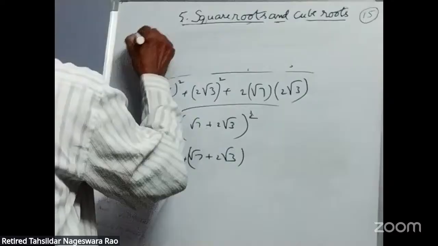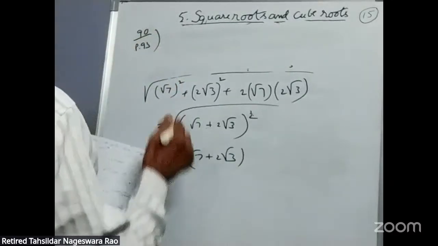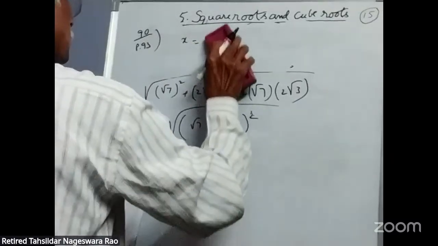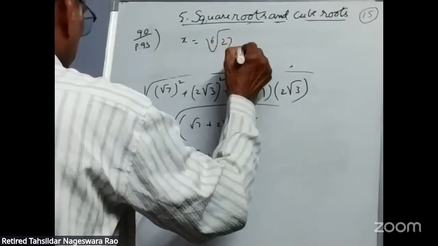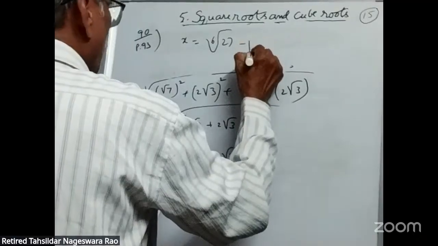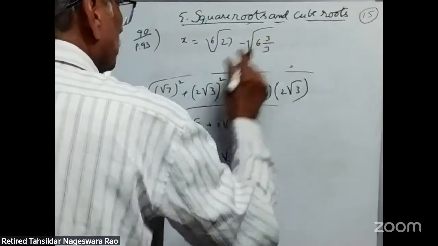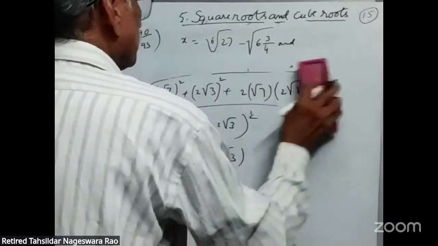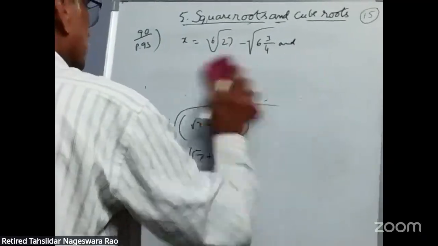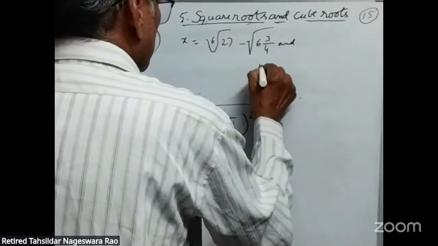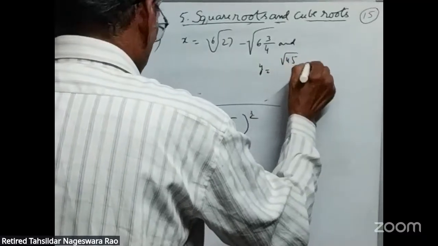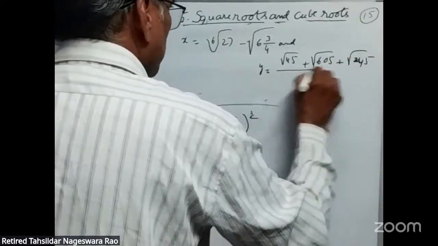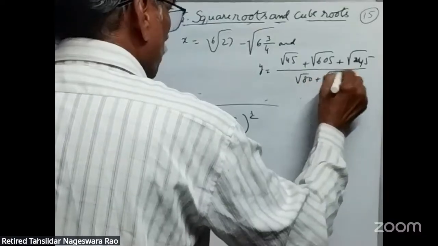Let us say that x is equal to the sixth root of 27 minus root of (3 by 4), and y is equal to (root of 45 plus root of 605 plus root of 245) by (root of 80 plus root of 125).